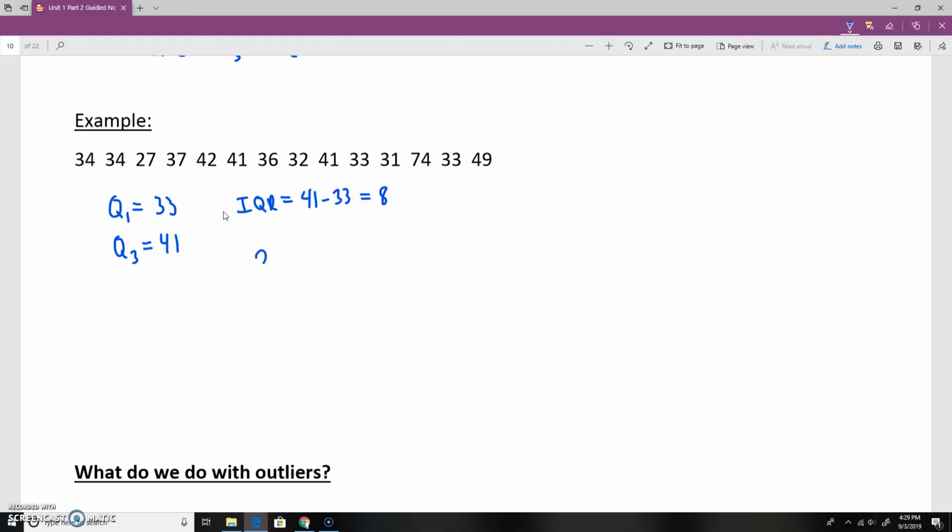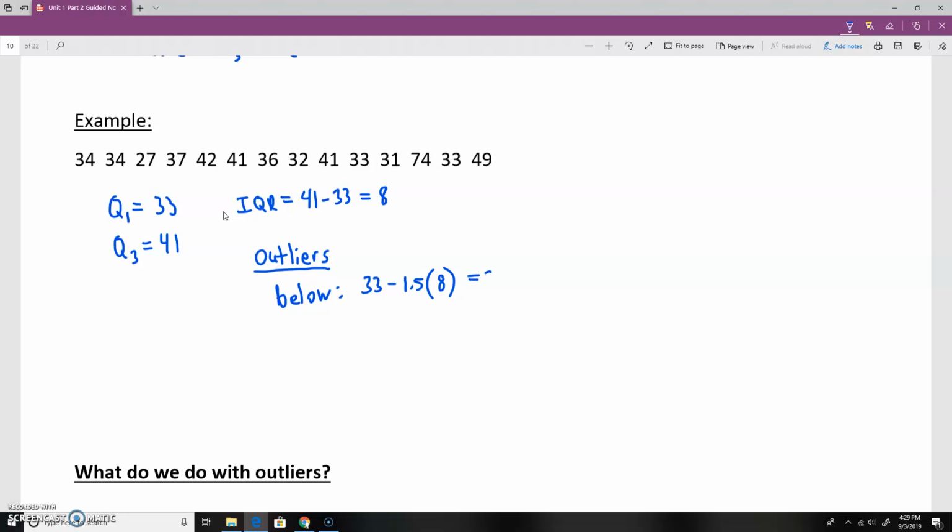Okay, so our outliers are below a value of Q1 minus 1.5 times our IQR.